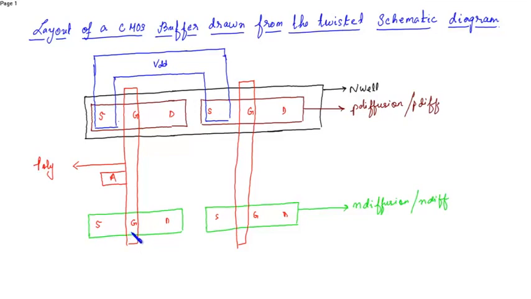Now the sources of the NMOS are connected to ground. This is connected to ground.